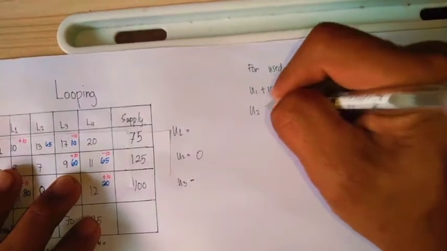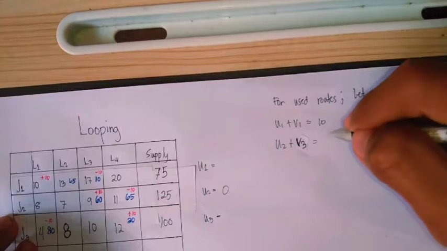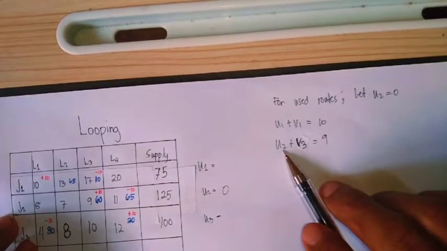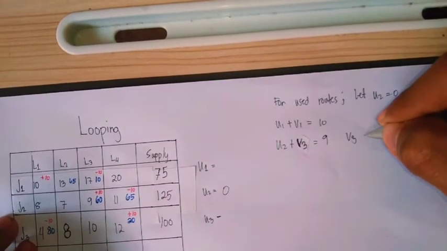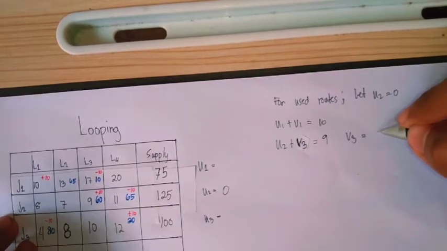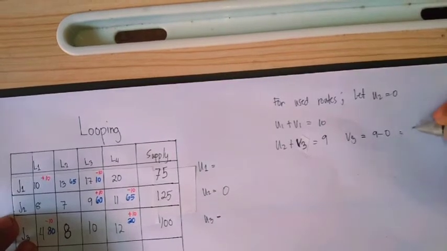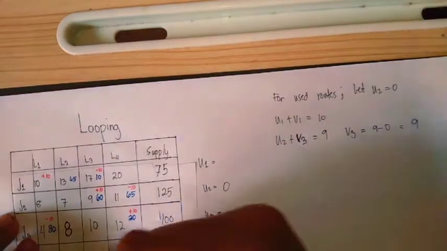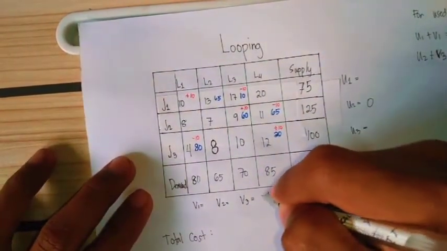U2 plus V3 is equal to 9, and since the value of U2 is 0, V3 is equal to 9 minus 0, which is 9. So our V3 is now equal to 9.